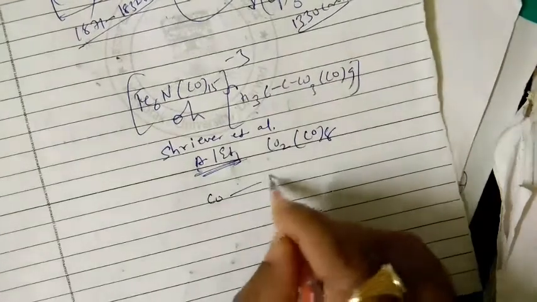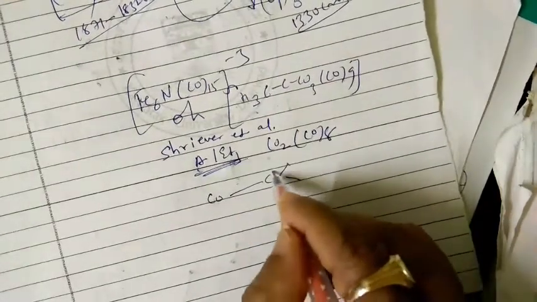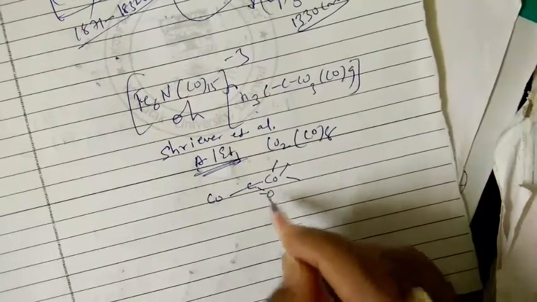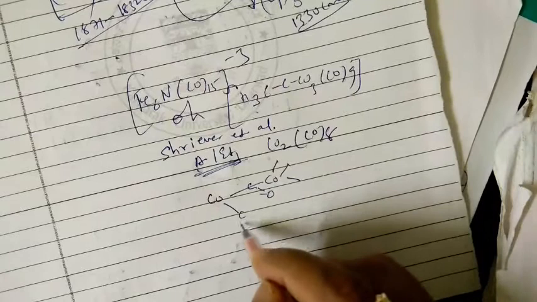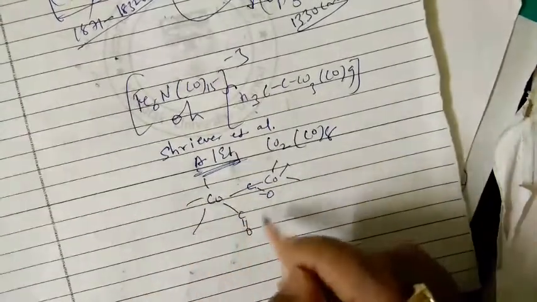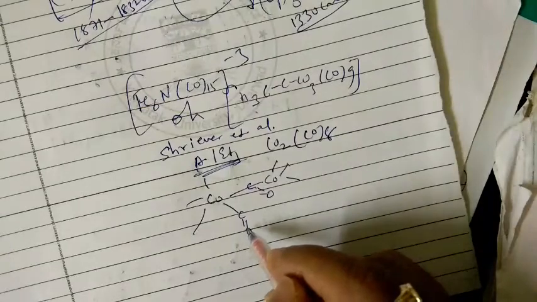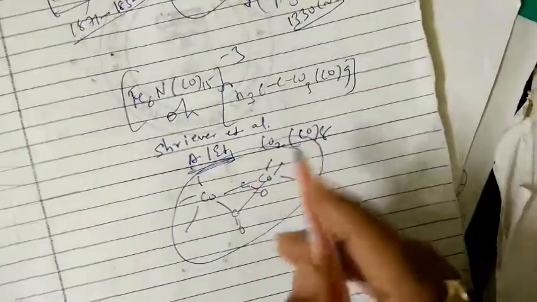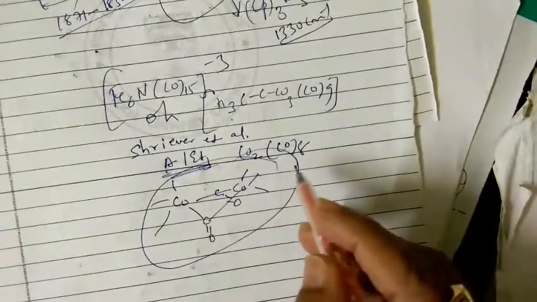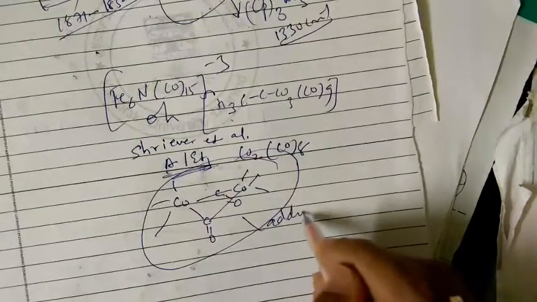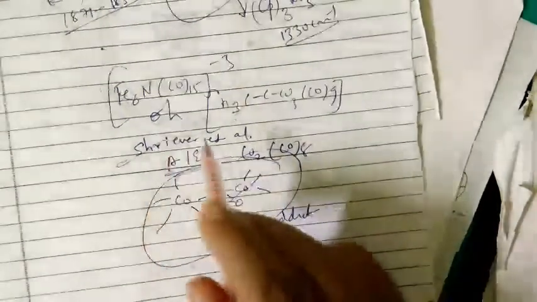This one has CO here like this, then you can see this is bridged Co2 and CO this way. Shriver observed that this forms an adduct of the following type.